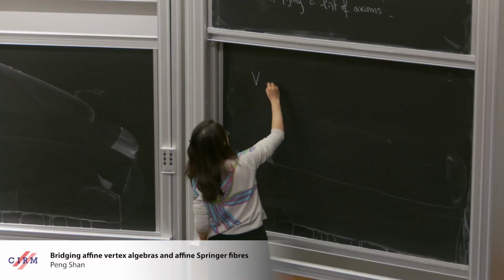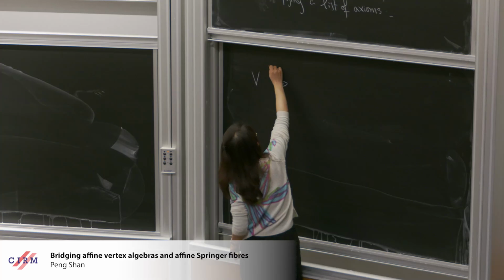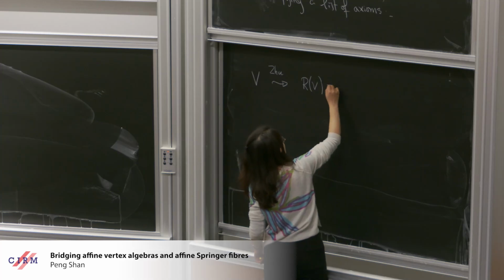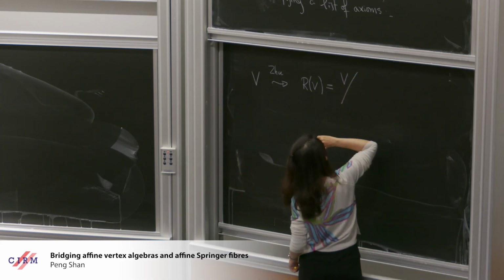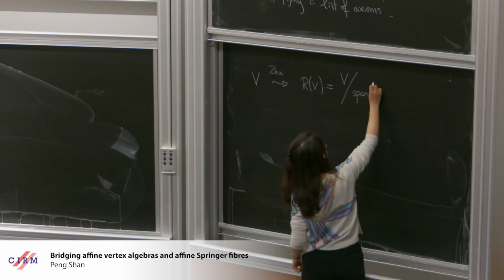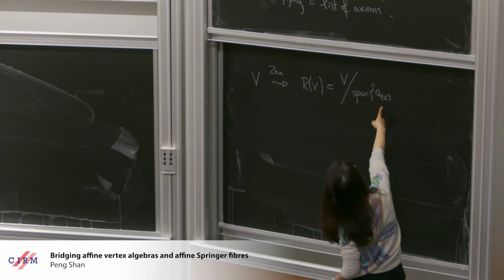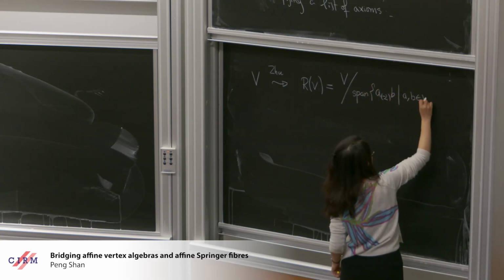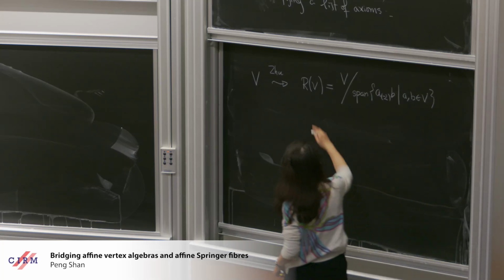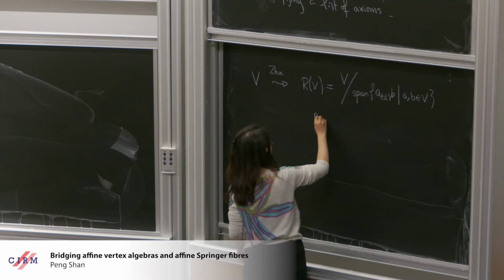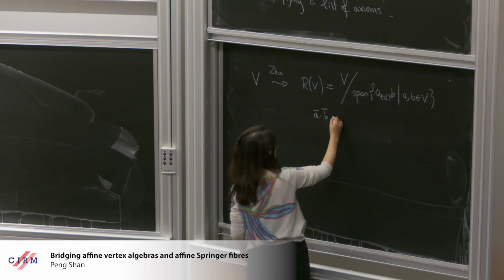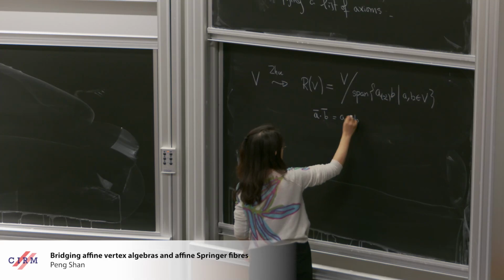For any vertex algebra V, Yongchang Zhu attached an associative and commutative algebra R_V, which as a vector space is defined as V quotient by the span of elements of the form a_{-2}b, where a_{-2} is just the Fourier mode with n equals -2, for a, b in V. And one can check on this space, if you write a-bar as the image of a, the product is given by applying a_{-1} to b and taking the bar.